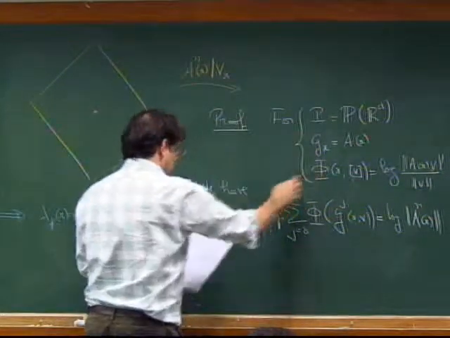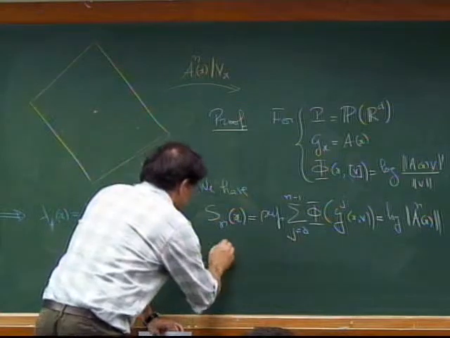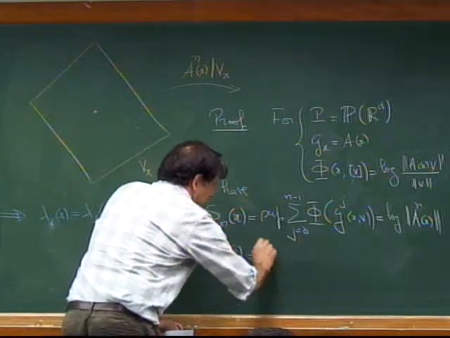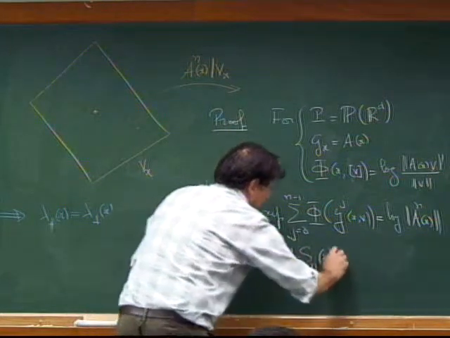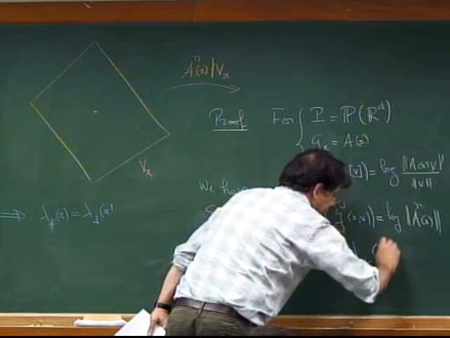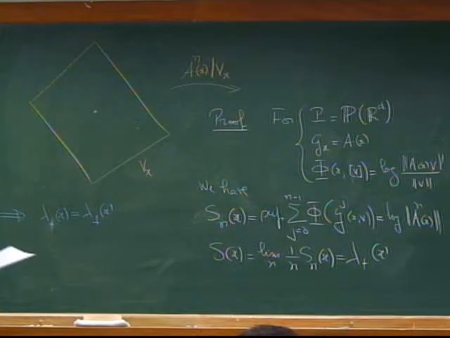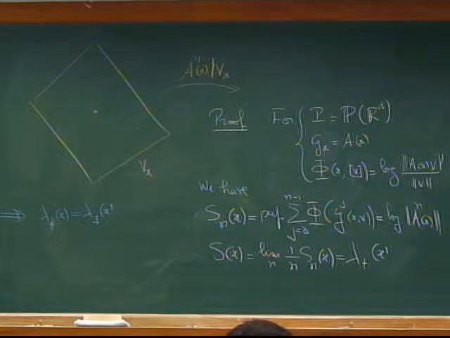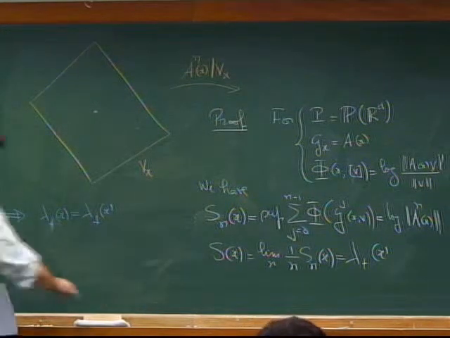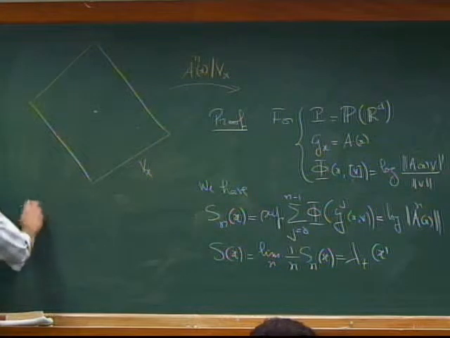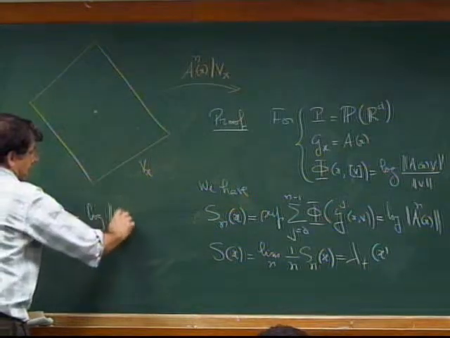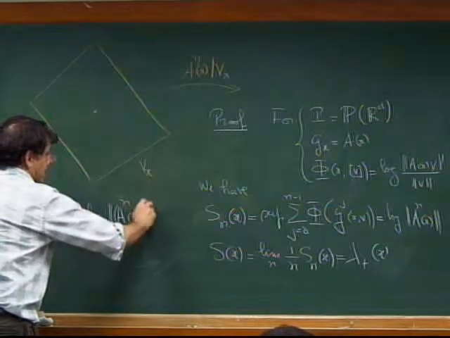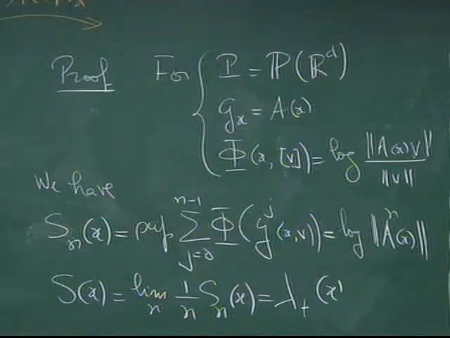When you choose this, S of x is the limit of 1 over n S n of x, which is just lambda plus of x. And in just the same way, I n of x is the log of the conorm, and I of x is lambda minus of x.